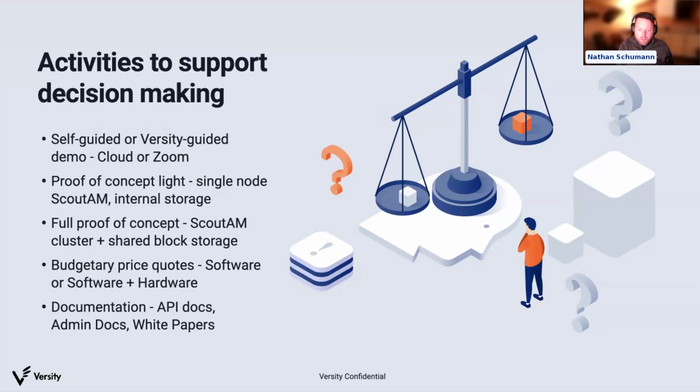There's a question about can CIFS Samba users have access to previous versions for data historics? I'm assuming that's different versions of files. So there's not strict versioning within ScoutAM. One thing that we can do is actually leverage our incremental dumps to be able to go back in time in order to get a different version of a file.